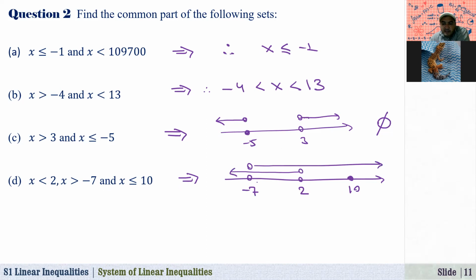Right? x is less than or equal to 10, it is again this. So where we have triple lines here, triple lines are here, right? From here to here. So the common part will be negative 7 less than x less than 2. That is the common part of these inequalities.